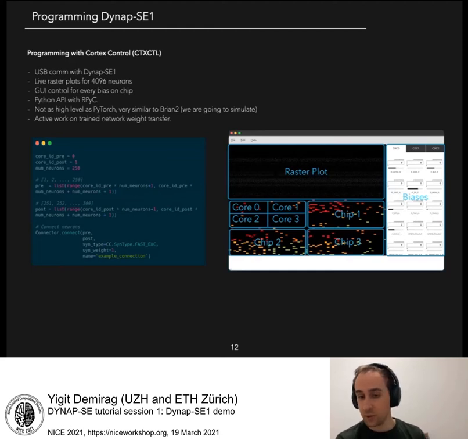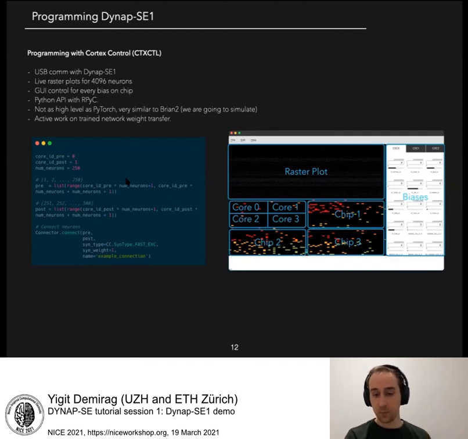It's not limited to the graphical user interface. We can also create an RPC server and use the Python API to configure every single bias on the chip, along with the connection configurations between synapses and neurons. This is not as high level as PyTorch, but it's very similar to the Brian2 simulator.